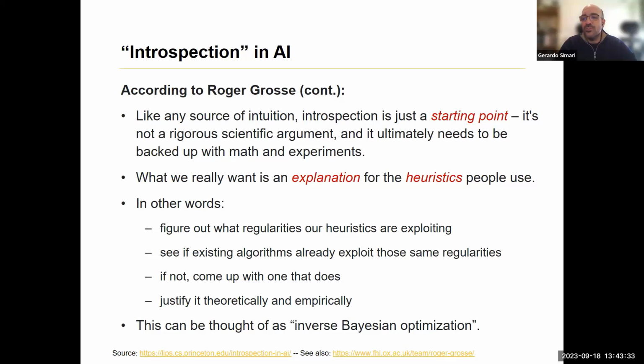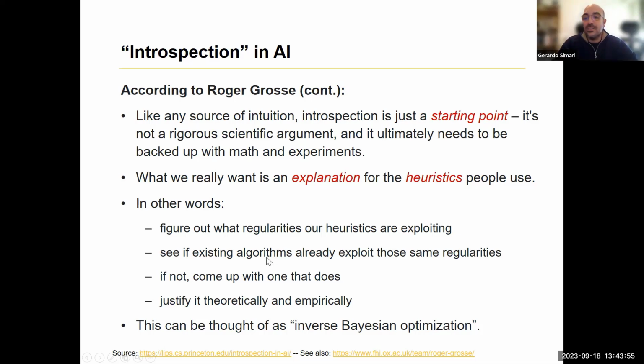So in other words, figure out these 4 steps, figure out what regularities our heuristics are exploiting. So what as humans we have picked up on, like the kind of structure that problems might have. See if any existing algorithms that we already have exploit these same regularities.